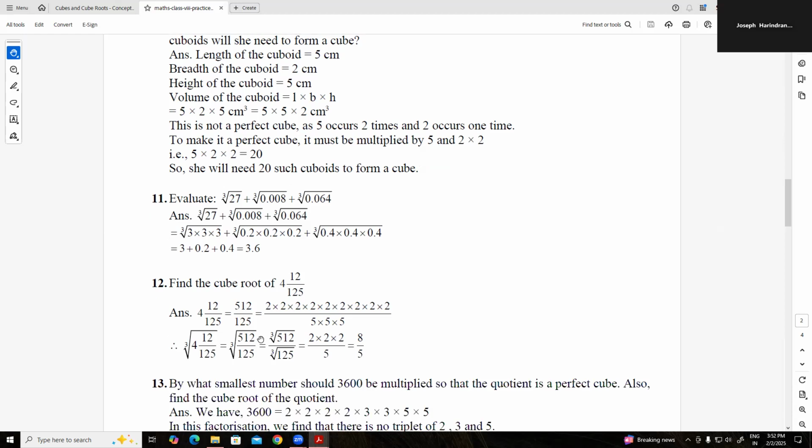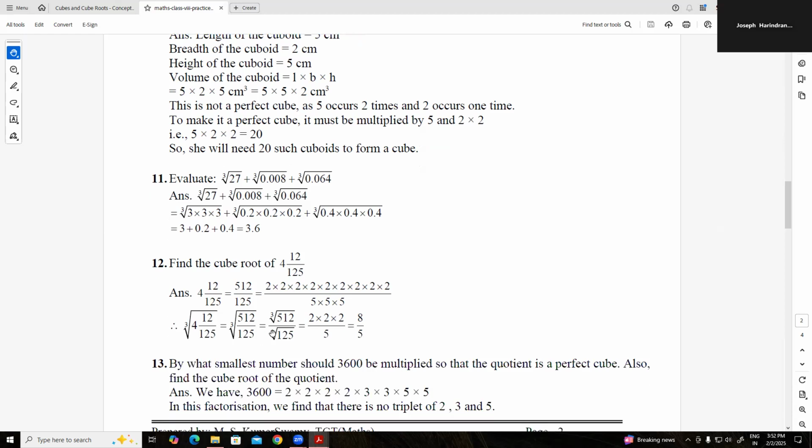12th question. The cube root of 4 and 12 by 125. This is rather a tricky question. You have to first convert this mixed fraction into an improper fraction.